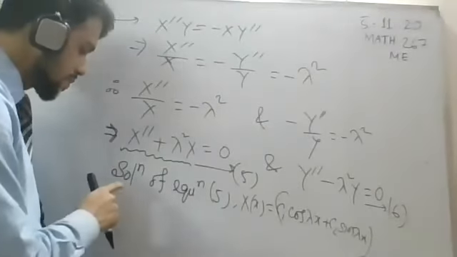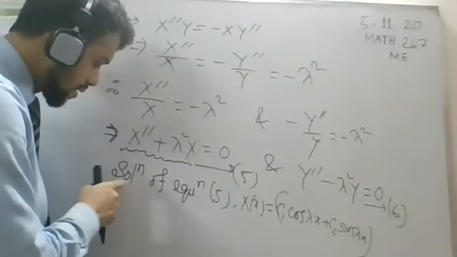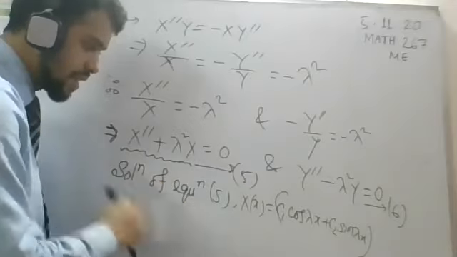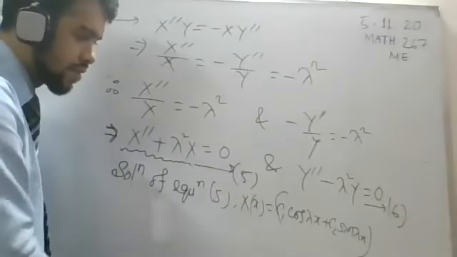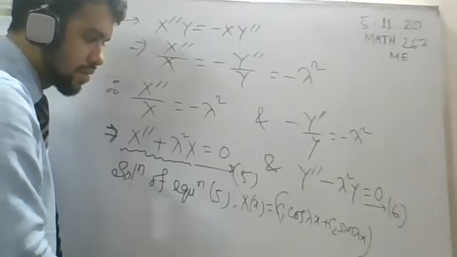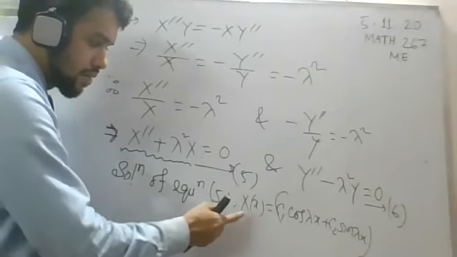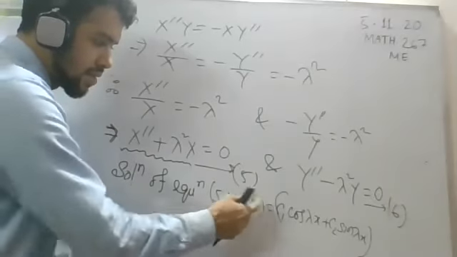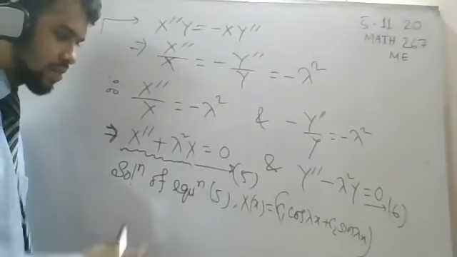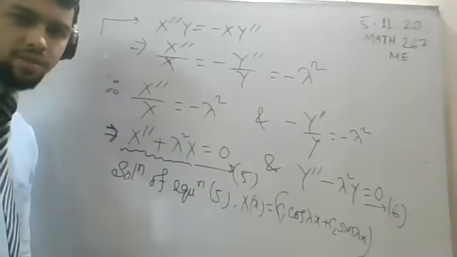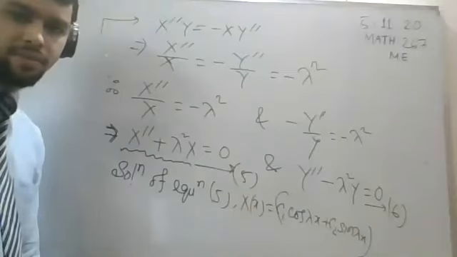Some of you, please, can you explain how we can find the solution from equation 5? You tell me that X(x) equals c1 cos lambda x plus c2 sin lambda x, but how can we find this kind of solution from equation 5?